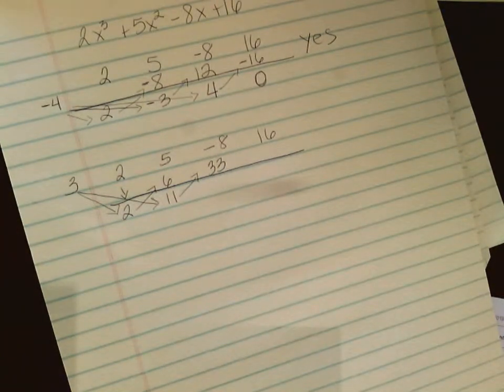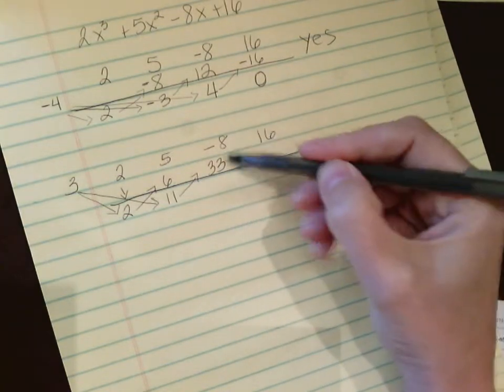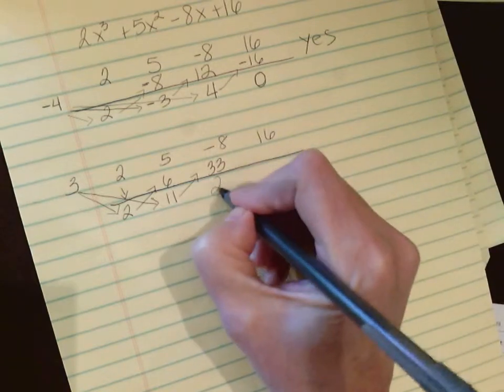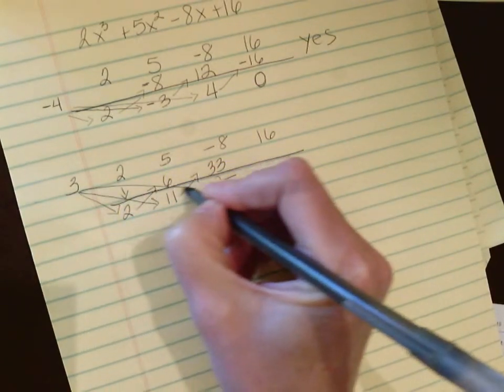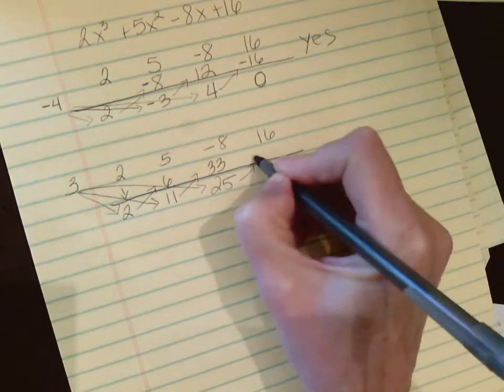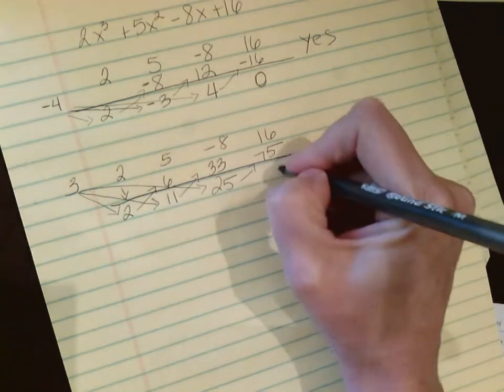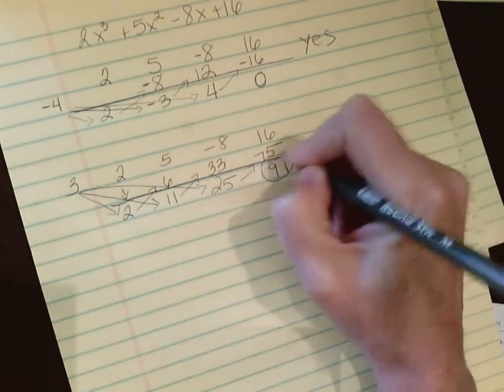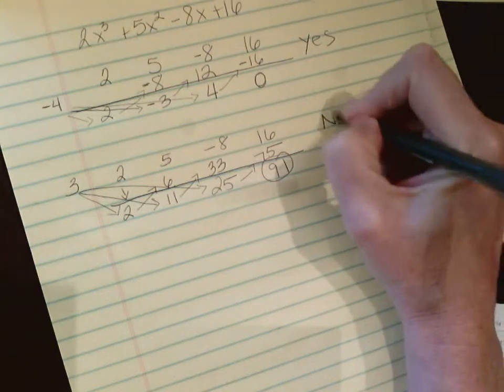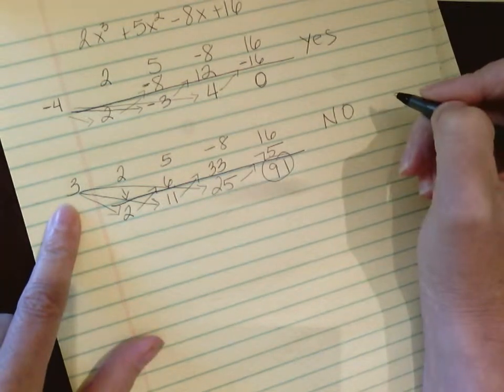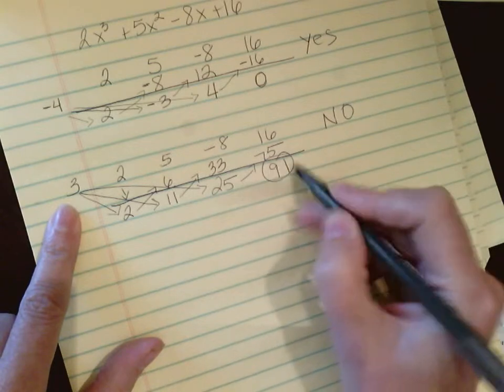Negative 8 plus 33 gives me 25. Now I have 3 times 25, which gives me positive 75. So when I add these down, 16 plus 75 gives me 91, which means no, 3 would not be a 0 because it didn't end up with a 0 here.